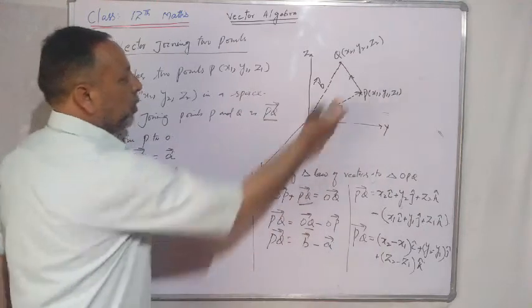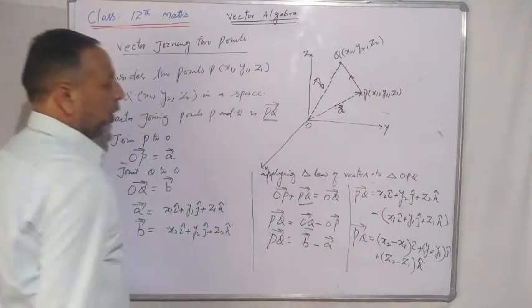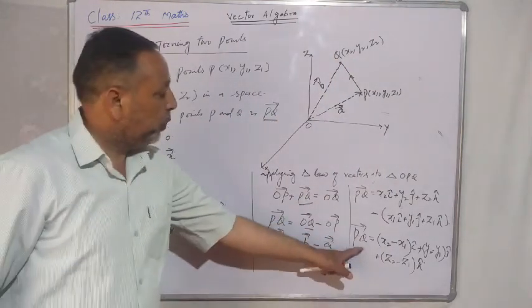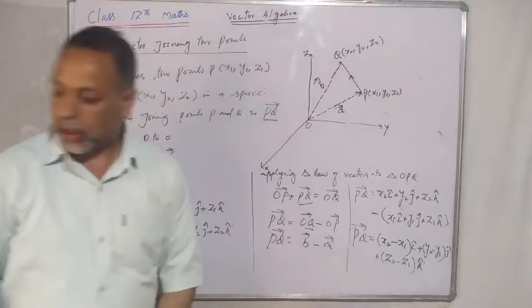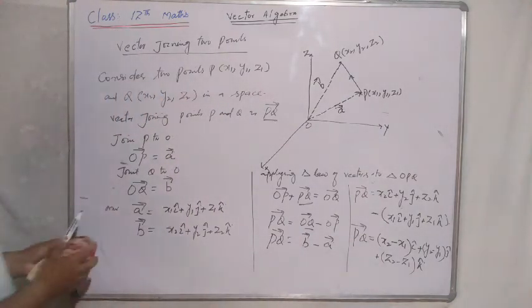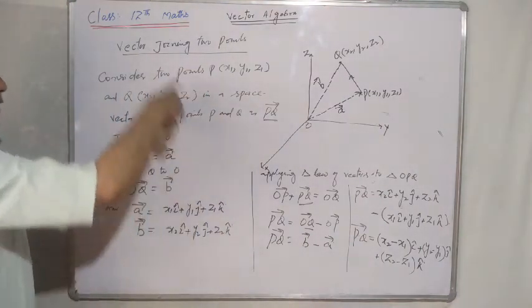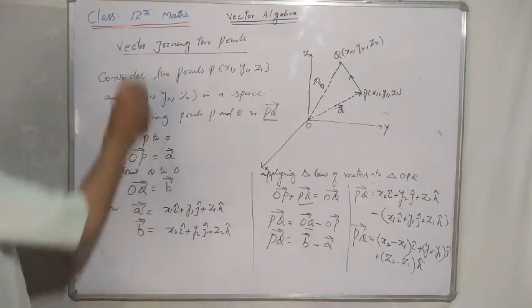This is the vector joining 2 points. And if you want to find the magnitude of vector PQ, first you pause the video and note it down.